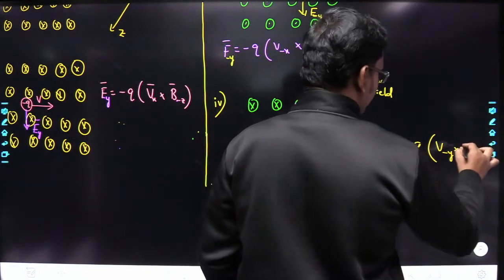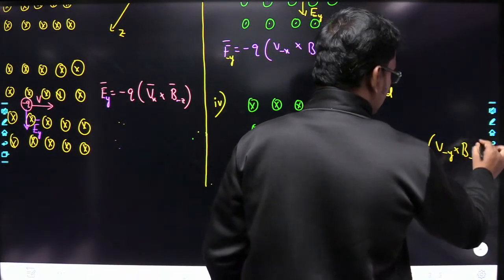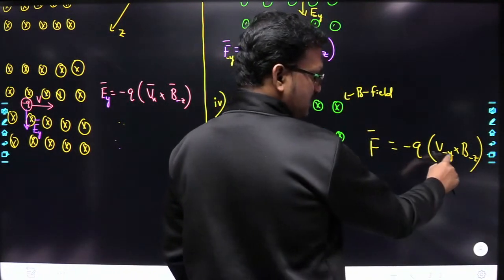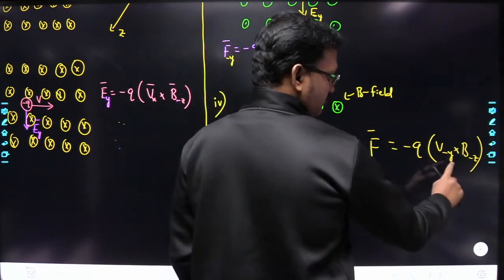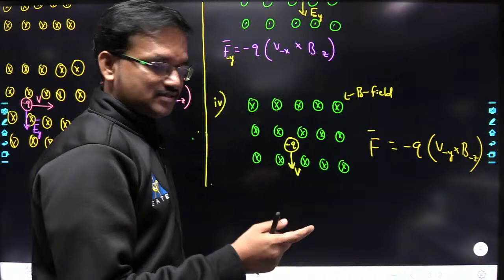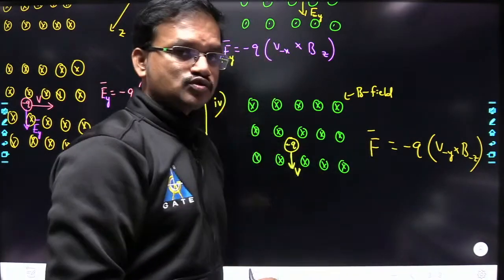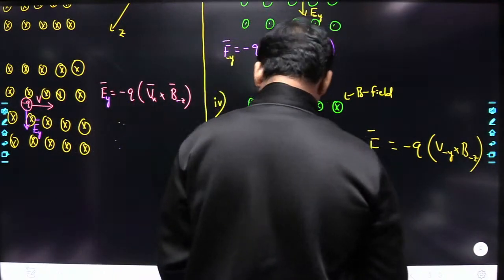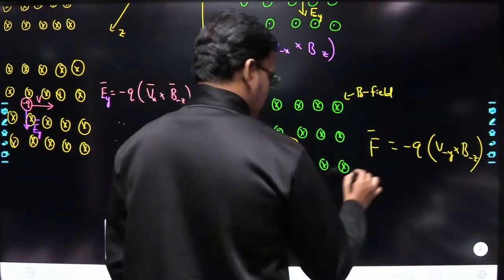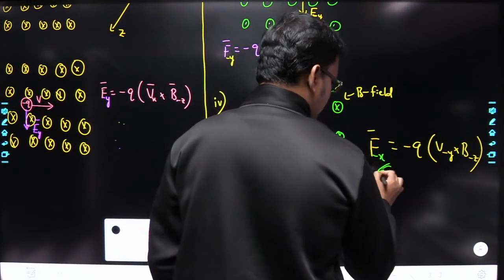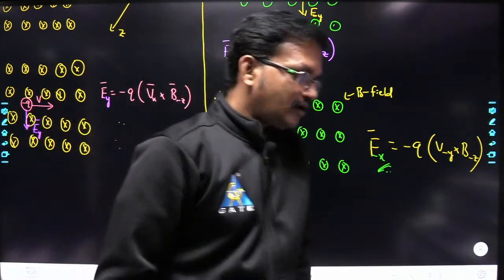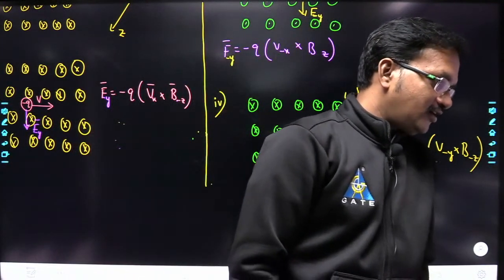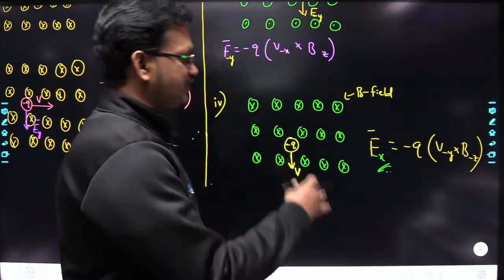And the B field is pointing in negative z. So what I have told here is minus into minus will become plus. So y cross z is nothing but x, and here you have minus. So the resultant force direction will be in which direction? Negative x direction, negative x direction. Okay. Alok Kumar, I think you are confused with this cross product.